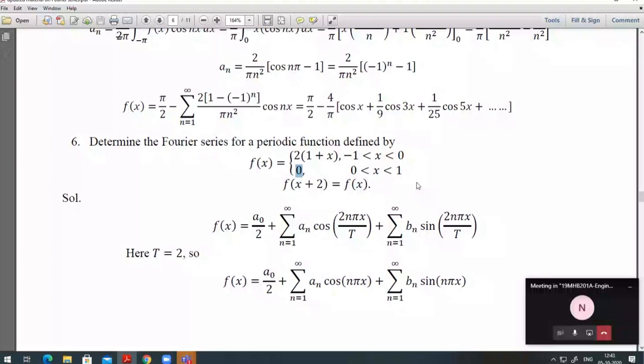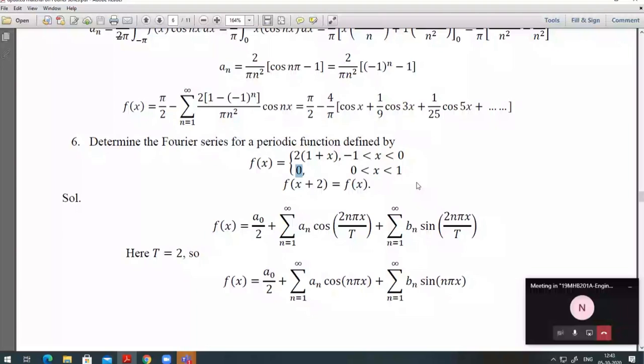So that gives f of x is equal to a0 by 2 plus summation n from 1 to infinity an cos n pi x plus summation n from 1 to infinity bn sin n pi x, since t is 2 and the 2s get cancelled.